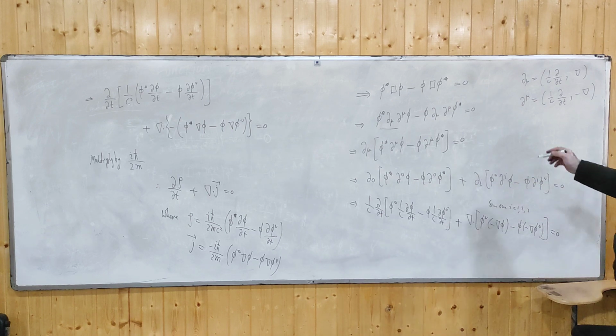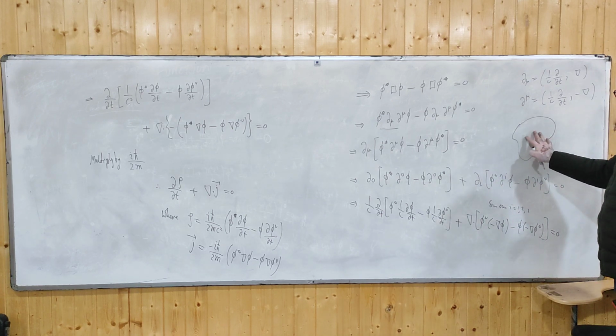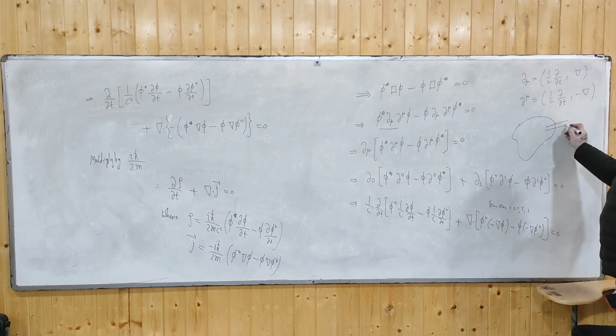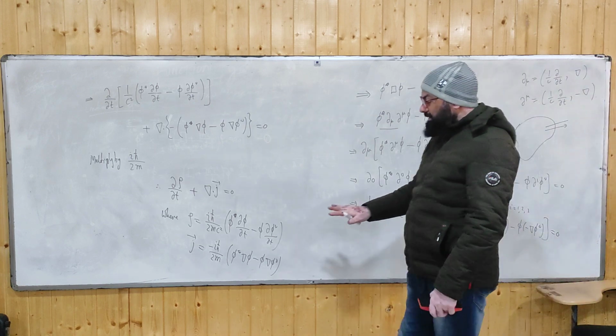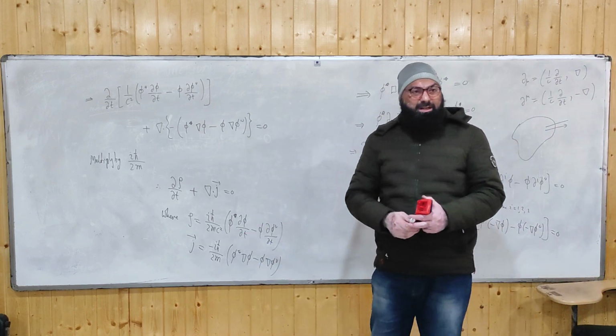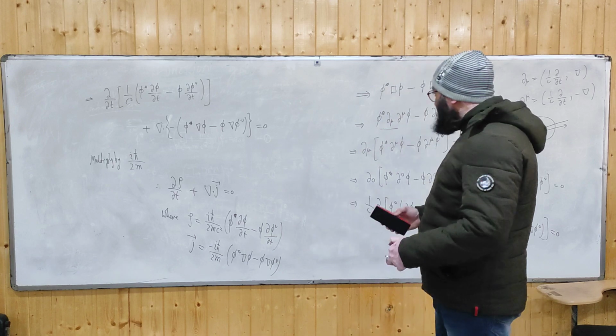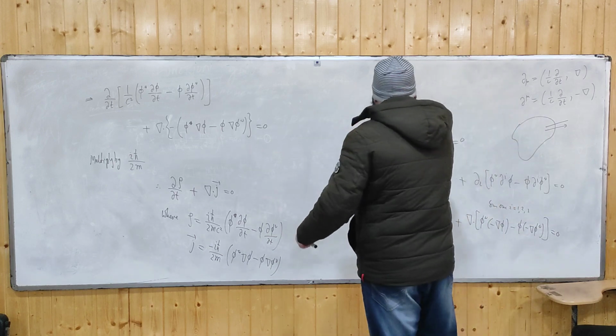You can choose, let's say, some surface. Okay, within this very surface, the probability is changing, and you look at the flux across this very surface. Okay, j gives you that kind of flux, and you represent that flux by the current. Clear? Got it? Now let's try to see, in fact, does this equation really yield you the correct probability or not? Okay? Now one more point to this.